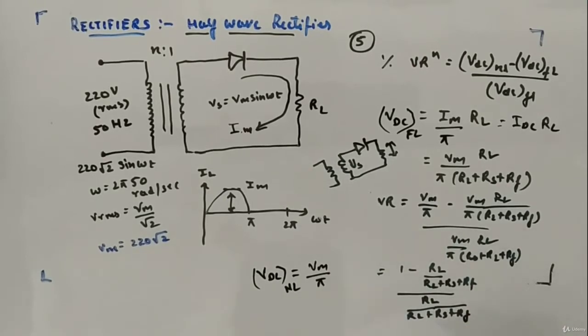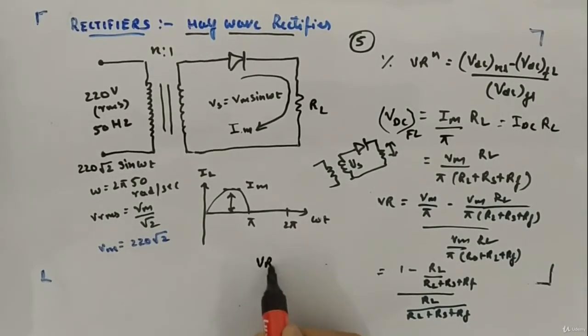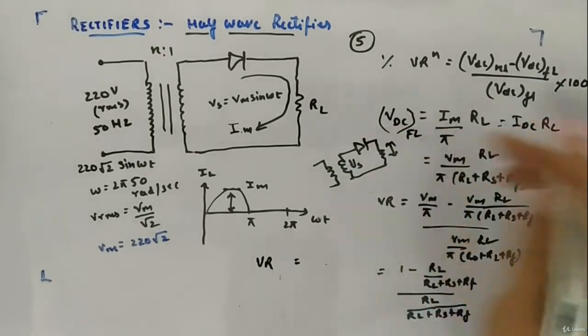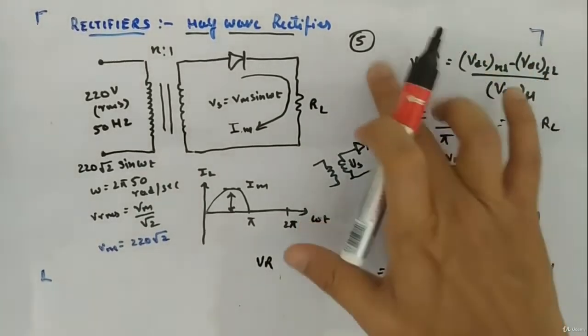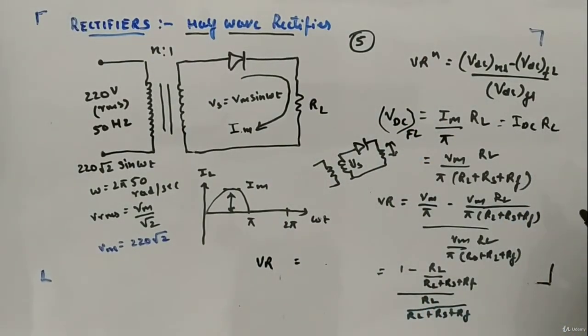If you simplify it, in percentage this should be multiplied with 100. So this is just a numerical value, sorry for that. In percentage you have to multiply with 100.